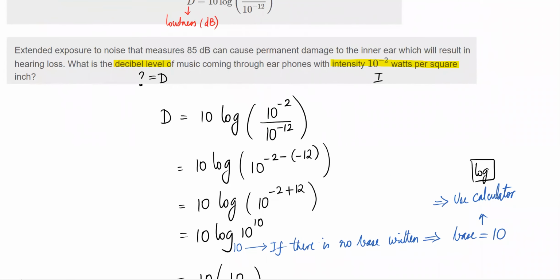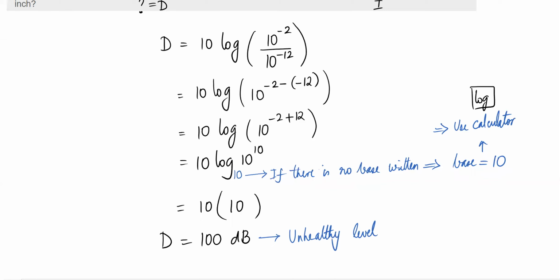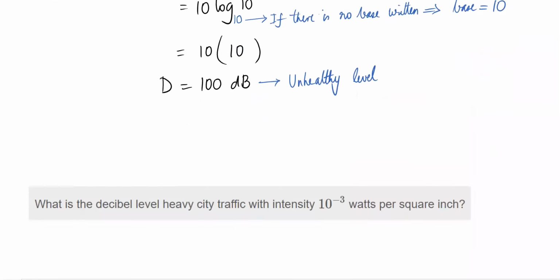It's very likely that the intensity is adjusted to suit that, and that will increase the decibel level. And this definitely is scary because this says, I will just say, unhealthy loudness level. Anyways, we are able to come up with that number by using logarithms.